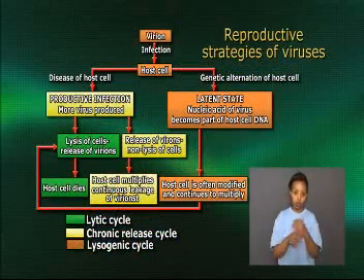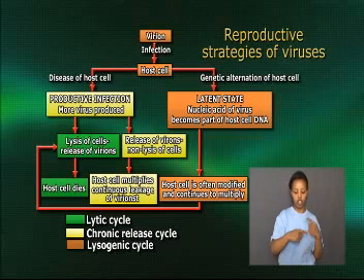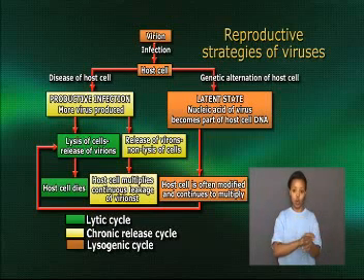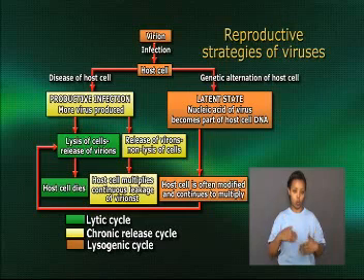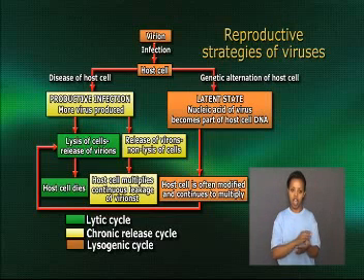In the lysogenic cycle, the virus's DNA becomes integrated into the genetic makeup of the host cell. Every time the host cell divides, the phage's DNA is replicated. This means that every new cell will get a copy of the phage's DNA.